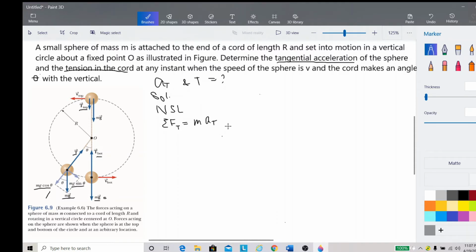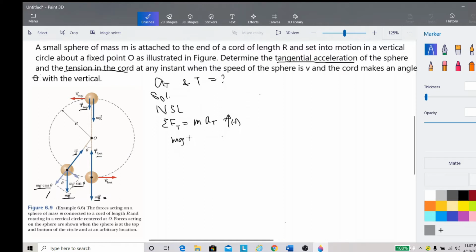Of course, that will be the direction. Now we take upward to be positive, and to the right to be positive. So mg sine theta will be positive.